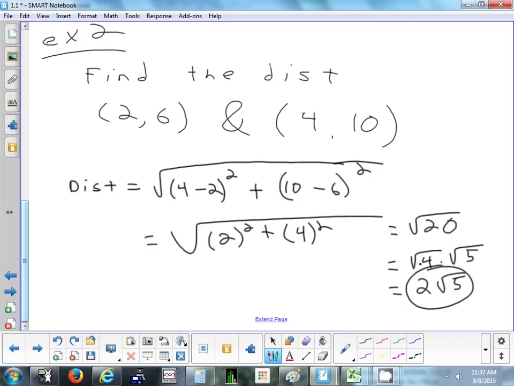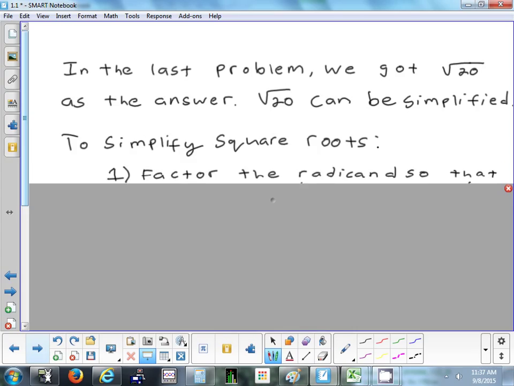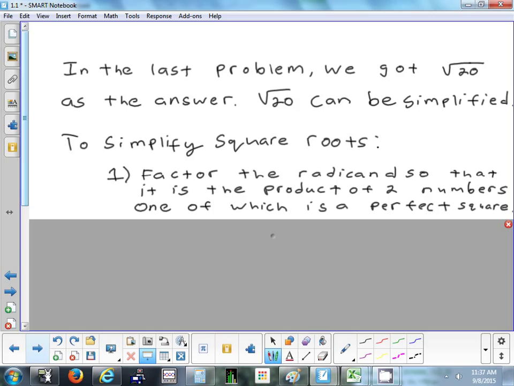Anytime you see a square root, we do have to reduce. Some people make a factor tree to simplify it. That's fine too, however you do it. But what I try to do is factor the radicand, that's the number under the square root, so that it's a product of 2 numbers, one of which is a perfect square.